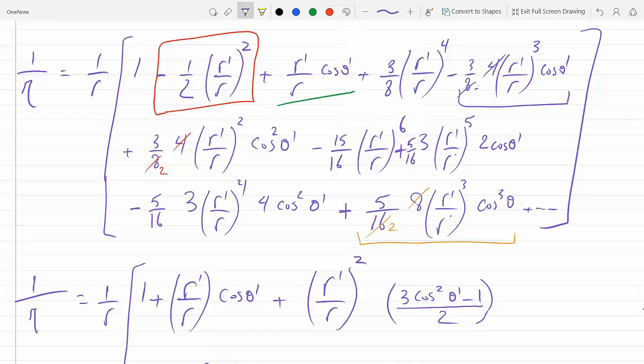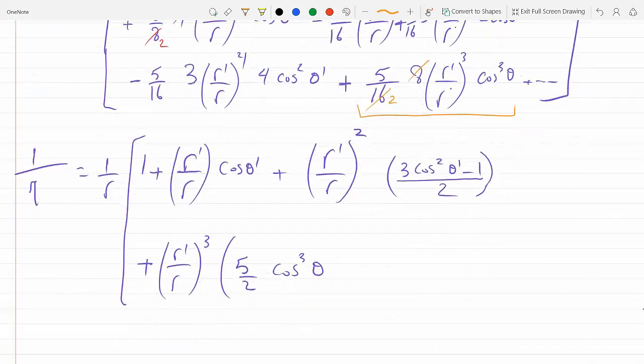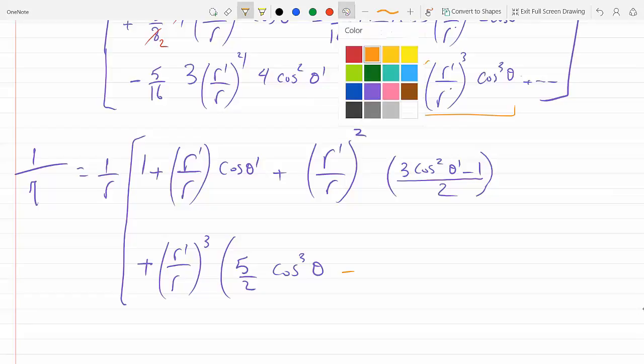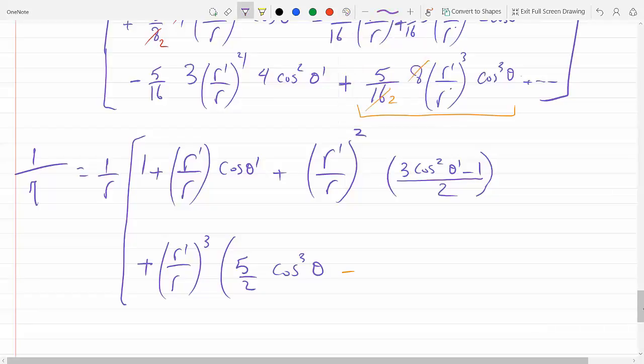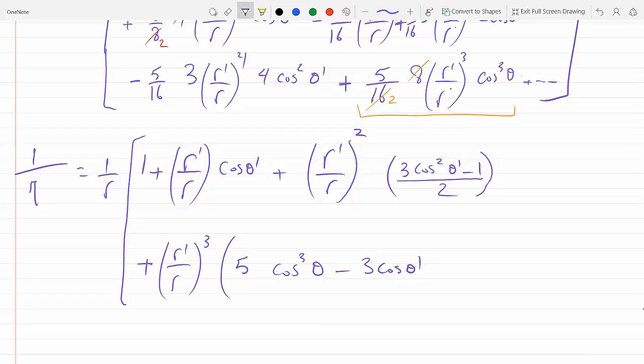If we simplify this, this is a 2. So what's that? Minus 3 halves cosine theta prime. So we'll just put the whole thing over 2: minus 3 cosine theta prime all over 2.